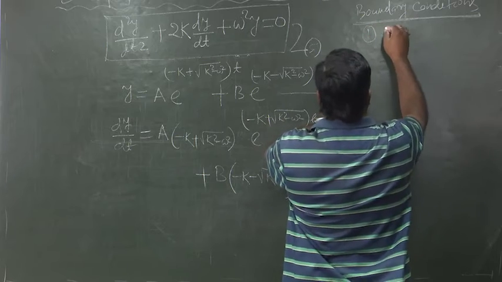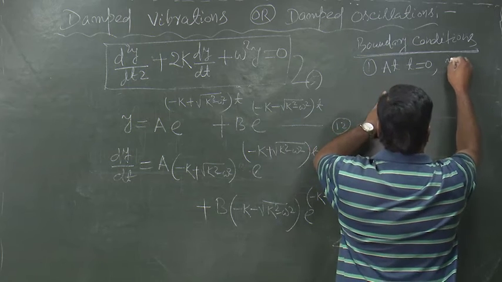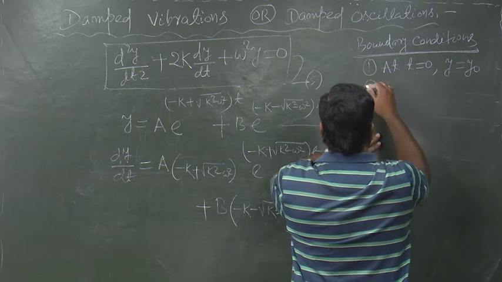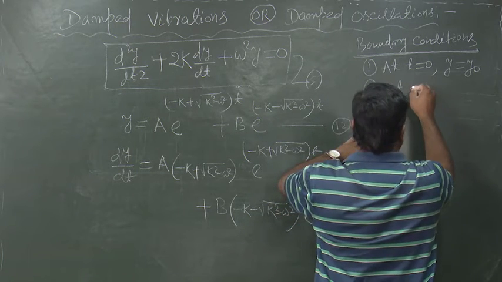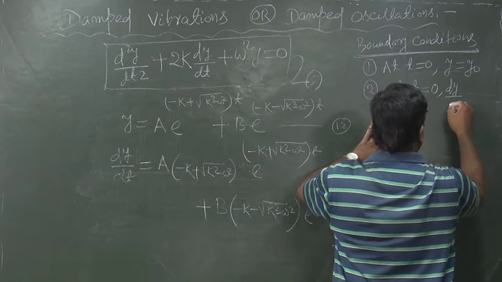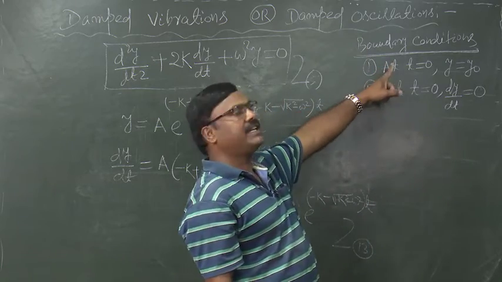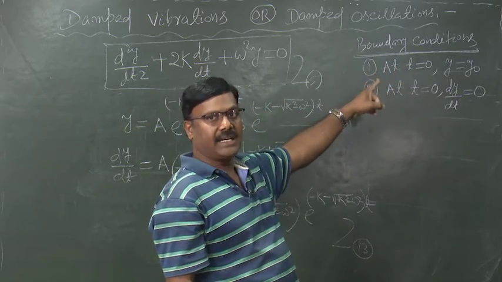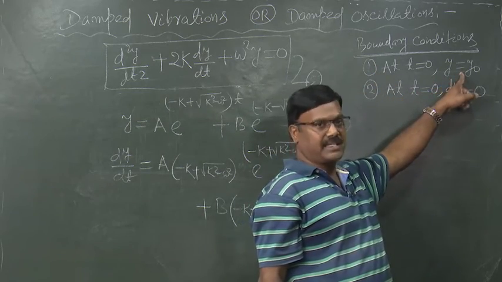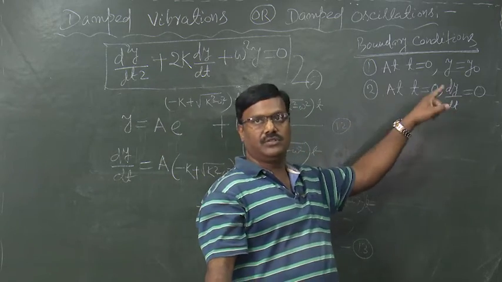Number 1, at t is equal to 0, y is equal to y0, and number 2, at t is equal to 0, dy by dt is equal to 0, because the boundary conditions are applied at the extreme positions where the displacement is maximum and the velocity is minimum and is equal to 0.